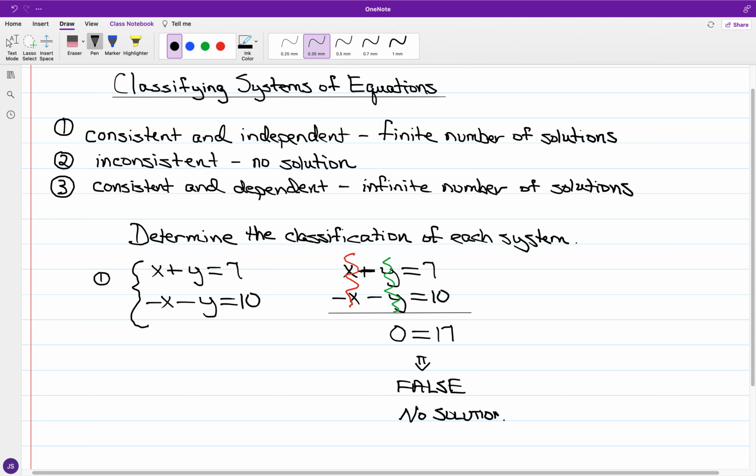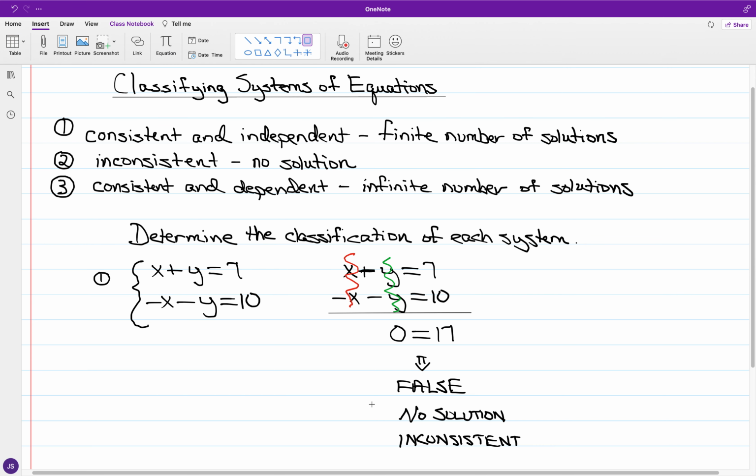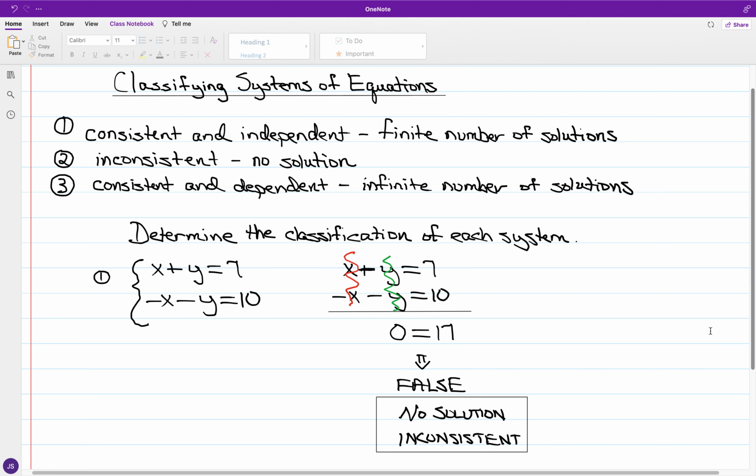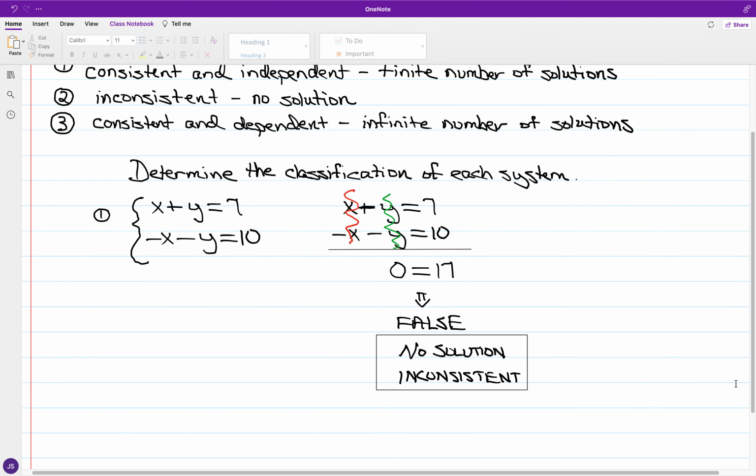The type of system which has no solution is inconsistent. Again, an inconsistent system has no solution.